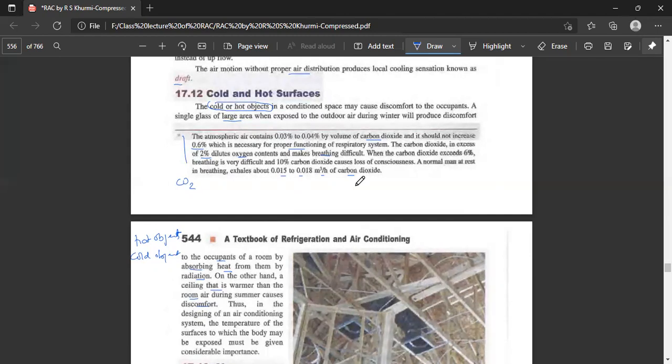If the ceiling is very warm compared to the room during summer, it also causes heat to transfer inside the room and causes discomfort. Now, the temperature of the surface to which the body is exposed must be given considerable importance.